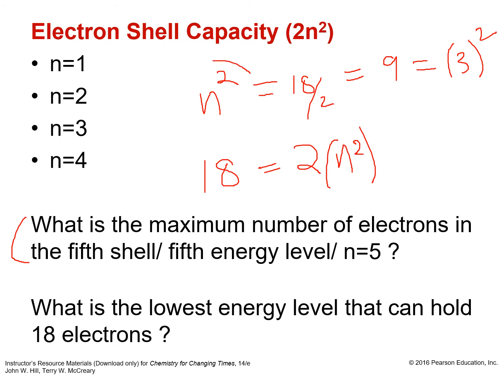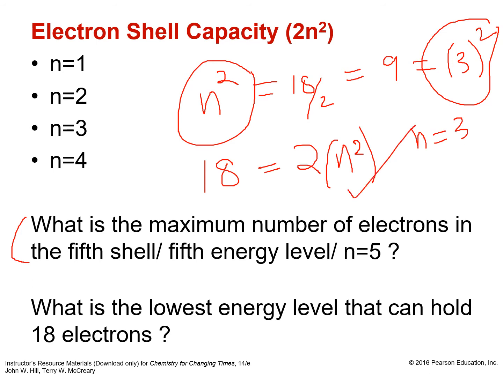So basically n squared is equal to 3 squared. So in this question, your n will be equal to 3. And you can cross-check it by substituting n in here. So 2 times 3 squared. Again, 3 squared is 9, times 2 is 18. So that means your answer is correct. That's how you should know how to calculate both.